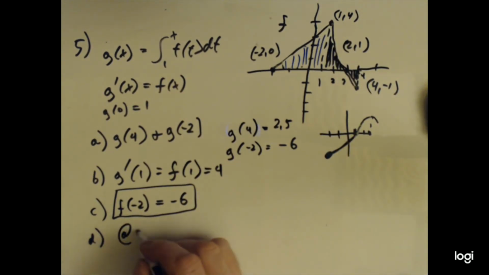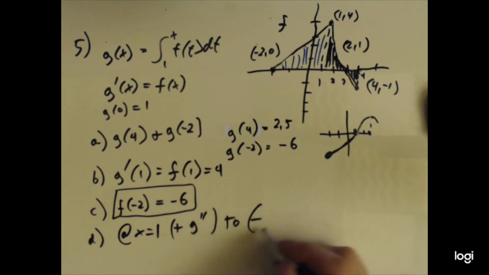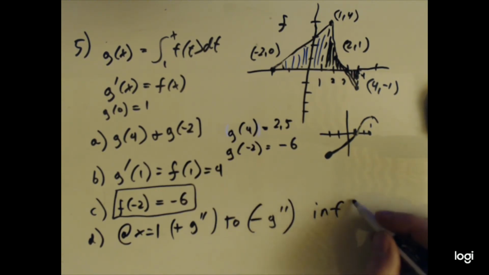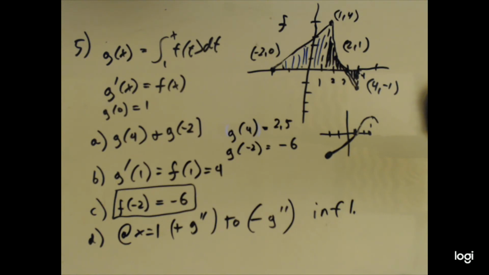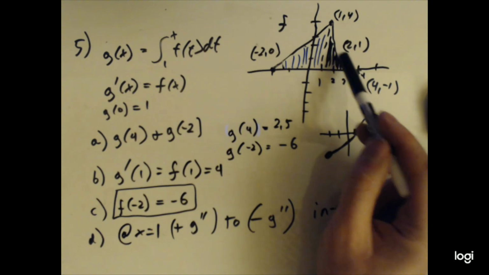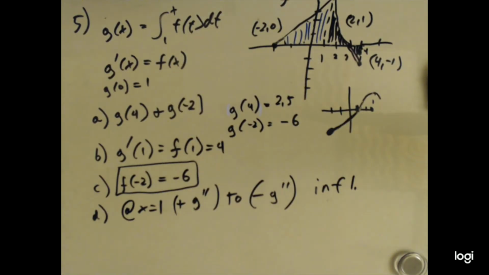So at x equals 1, we go from a positive g double prime to a negative g double prime. So that is an inflection point. Now notice the concavity changes here, but it's negative and negative, so it is not an inflection point. And that was D. So that is number 5.